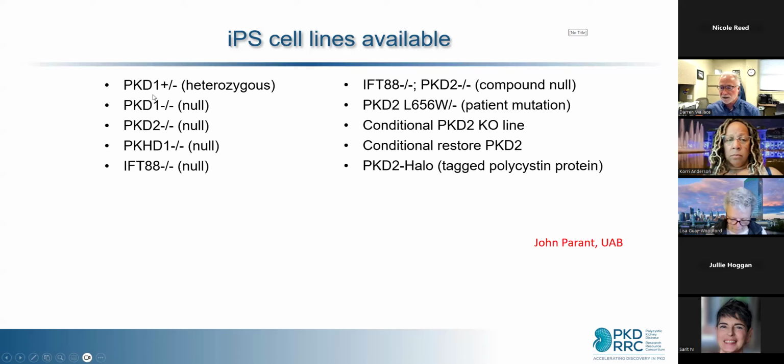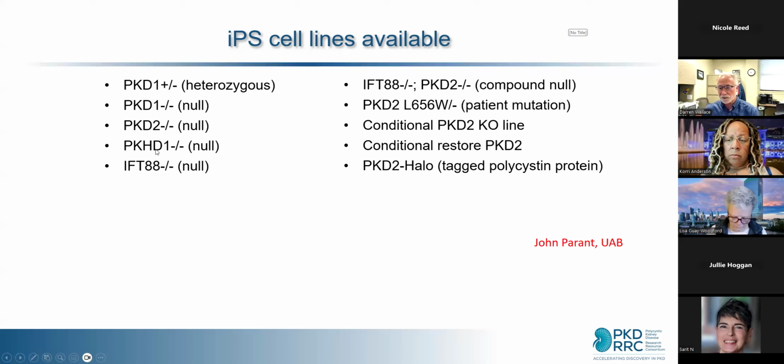And this just kind of lists the various mutations that he's introduced. This would be a heterozygous. This would be kind of like what patients inherit, where only one allele is mutated. But a lot of people are interested in PKD1 null, PKD2 null cell lines. He introduced mutations into PKHD1.